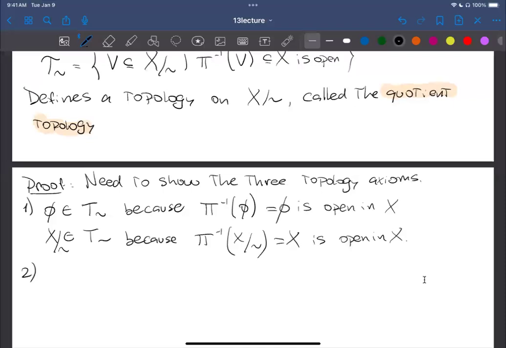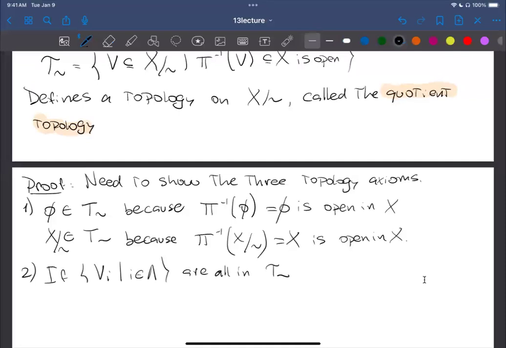Second axiom, this is about, let's say, arbitrary unions first. So let's take a collection of sets all in our T tilde. And we want to show that the union is also in T tilde.